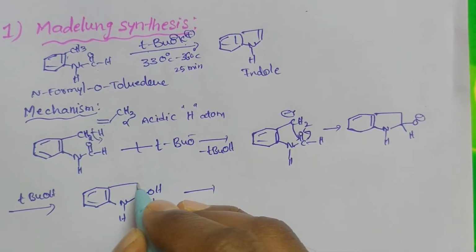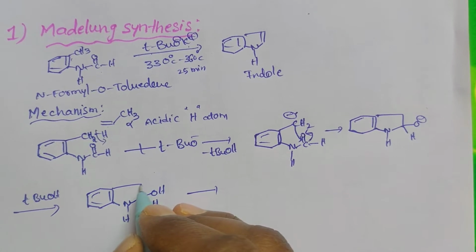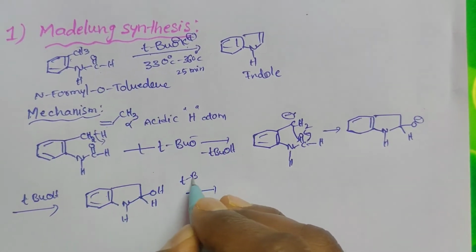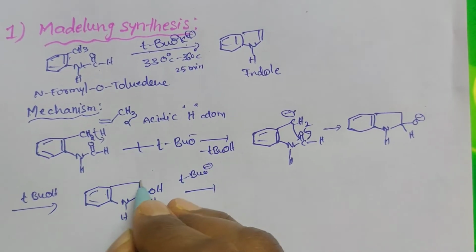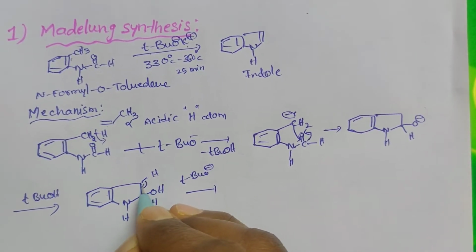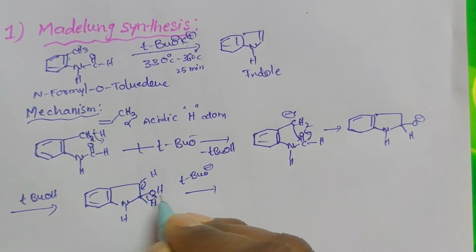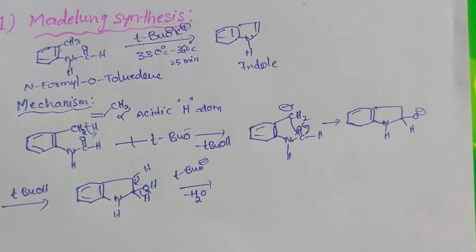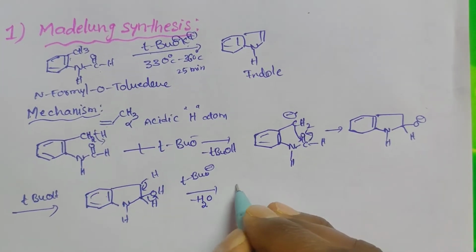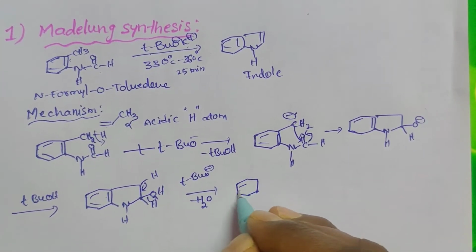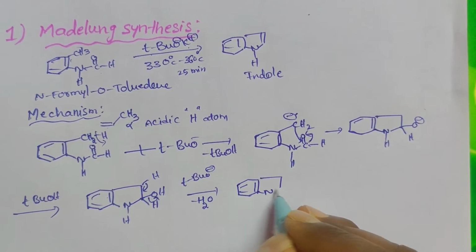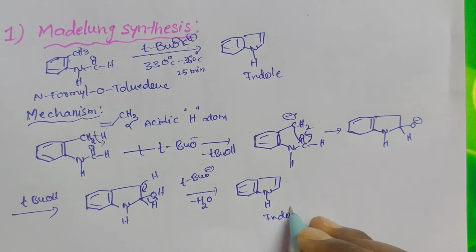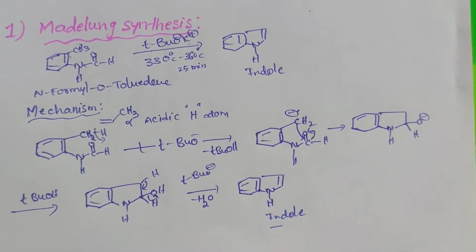Still, two more hydrogens are there, and these are alpha hydrogens to this double bond. So, in the presence of the butoxide anion, these hydrogens are abstracted, and this electron shifts here, and this hydroxide ion goes outside. So, on the whole, a water molecule goes outside, and the indole will be formed like this. So, like this, we get the indole in Madelung synthesis.